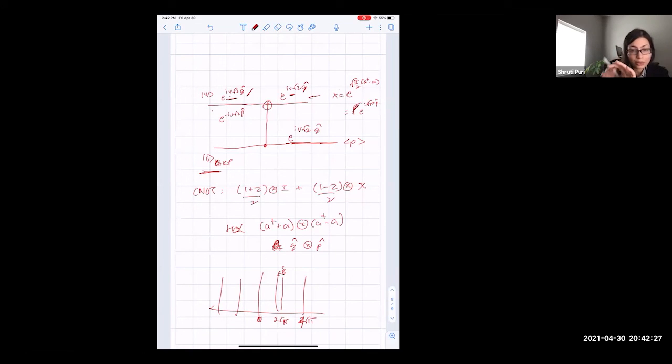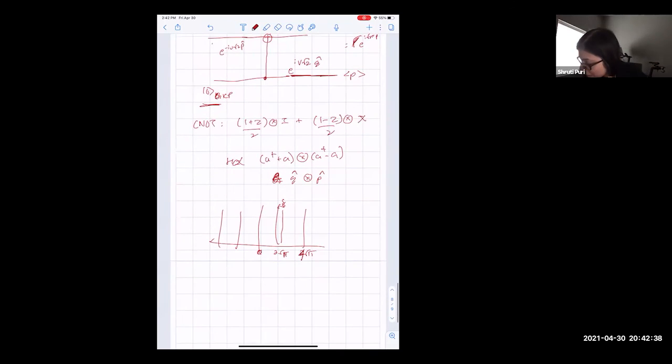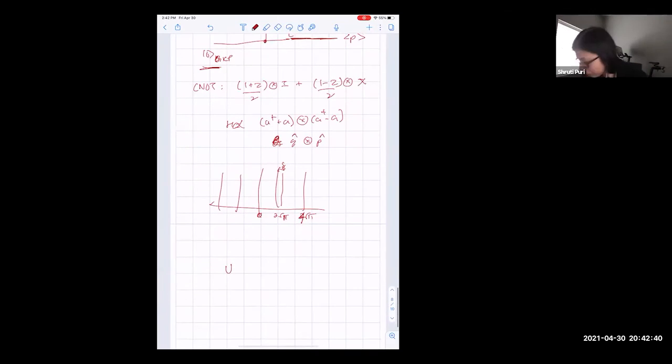The control NOT maps the errors on the data qubit onto the ancilla qubit. This is exactly what is happening here. The unitary that this C0 is actually doing is not exactly that, but something like e to the I p on the data qubit tensor q on the ancilla.